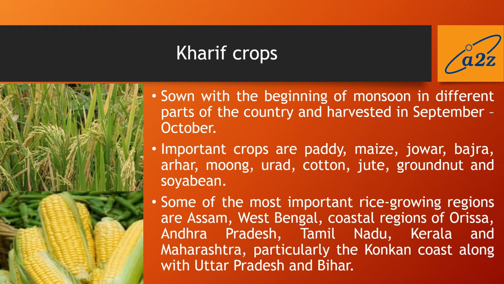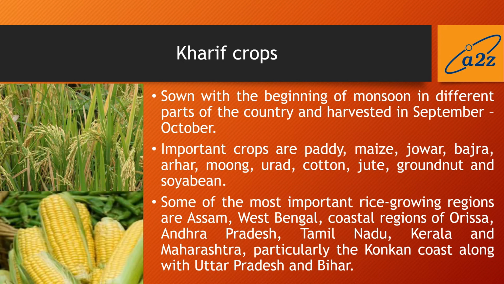Second is Kharif crops, sown with the beginning of monsoon in different parts of the country and harvested in September to October. Important crops are paddy, maize, jowar, bajra, arhar, moong, urad, cotton, jute, groundnut and soybean.